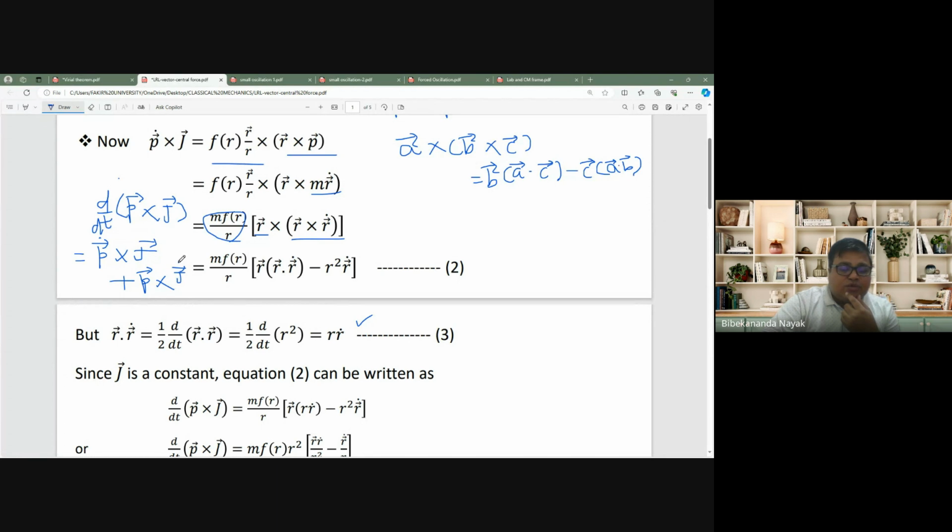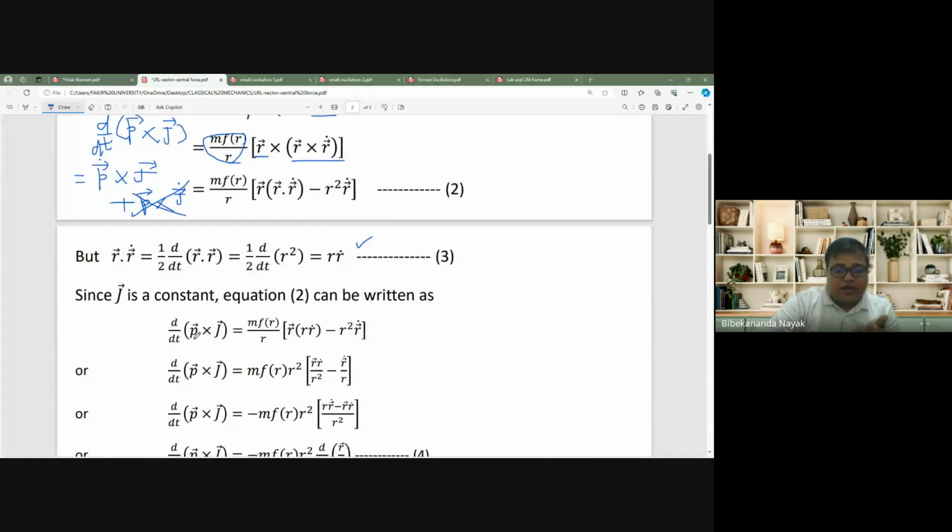But J, the angular momentum, is a constant quantity, so its derivative will be 0. So we drop it. So only d by dt of P cross J is equal to P dot cross J. We have P dot cross J, so we can write in place of that the derivative of P cross J.